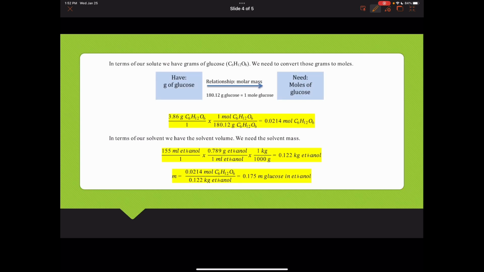In terms of our solute, we're given the mass of glucose, and we're going to need to convert those grams into moles. We're going to convert between grams and moles using our molar mass, which is 180.12 grams per mole.